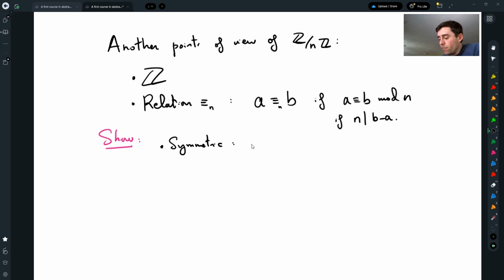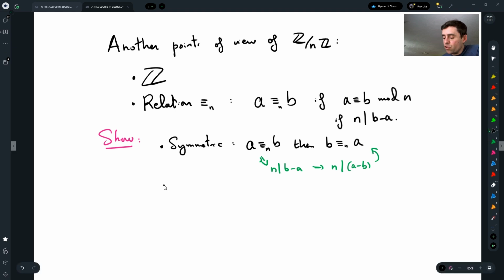That means that if A is congruent to B, then B is also congruent to A. And you can see clearly that this implies that n divides B minus A, which in turn implies that n divides A minus B, and in turn that implies that B is congruent to A. Okay, so it's symmetric, it's reflexive.